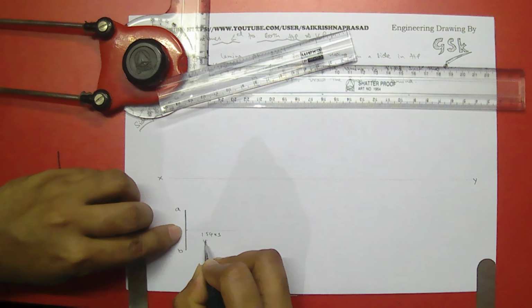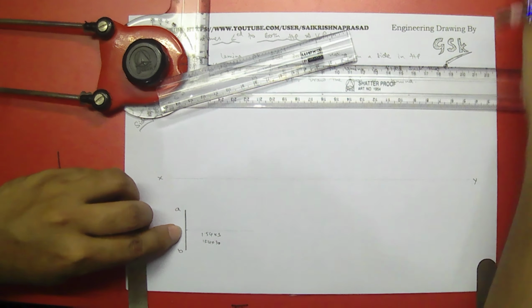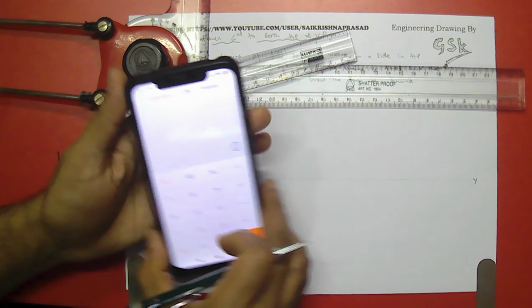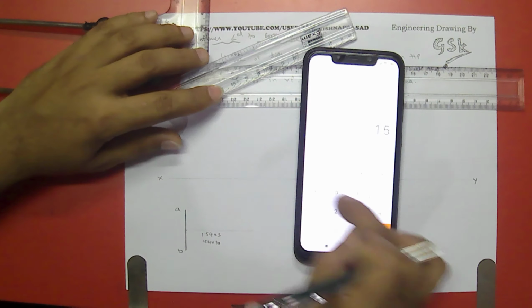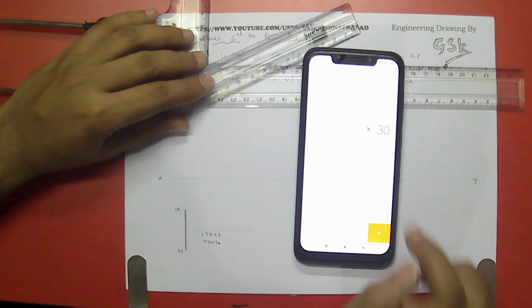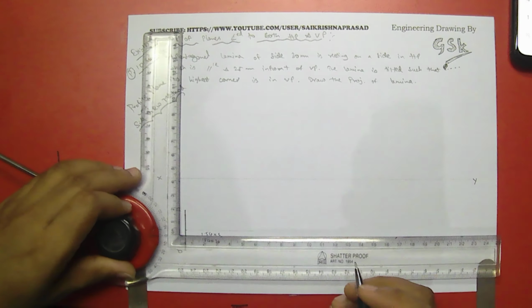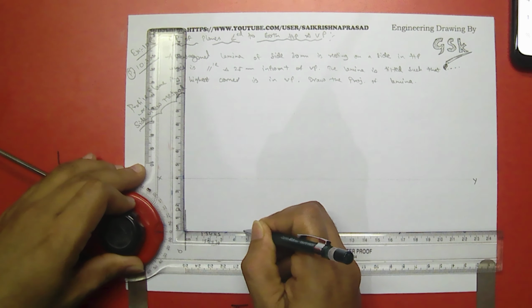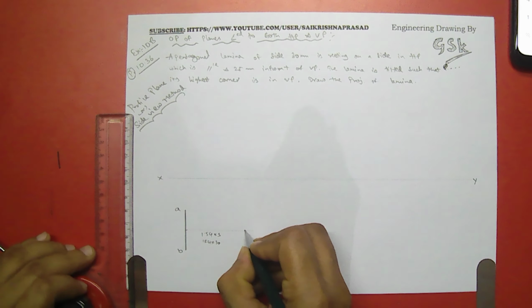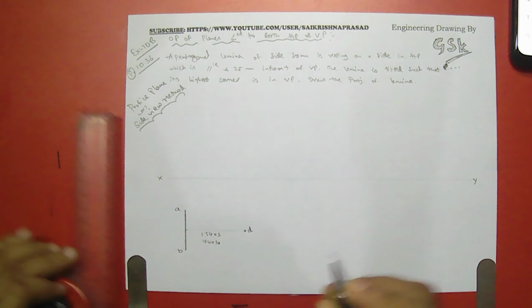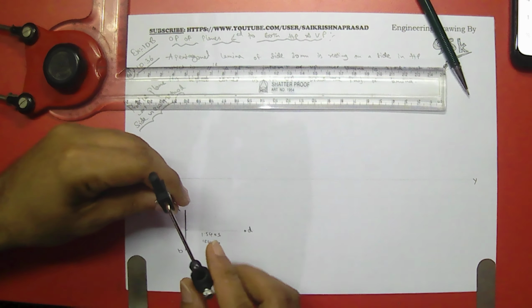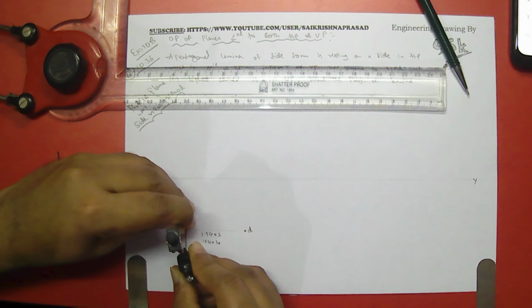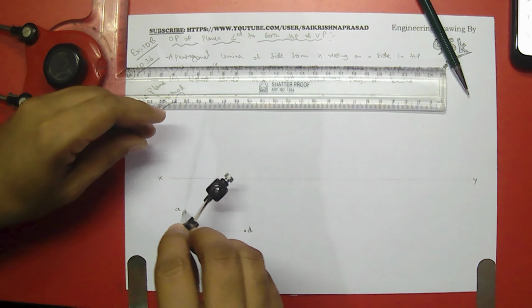That is 1.54 into 30, that is 46.2. So I'll locate another end point at 46.2. This is D. Now let me take the compass, measure AB and arc.